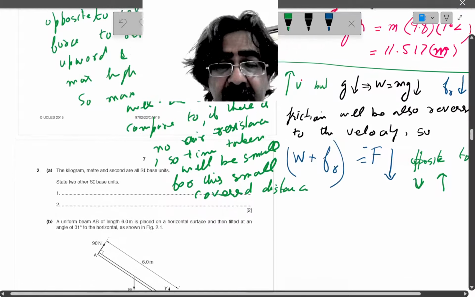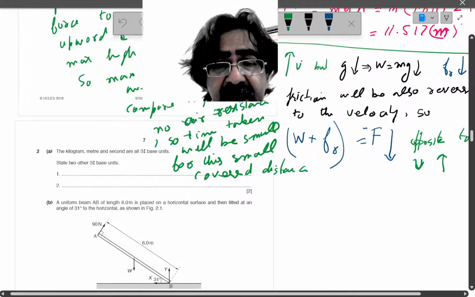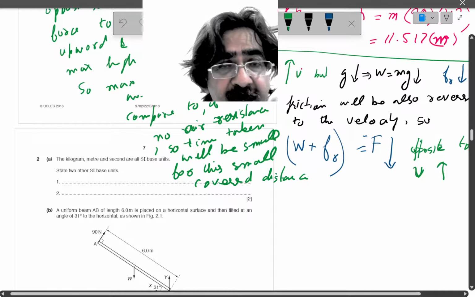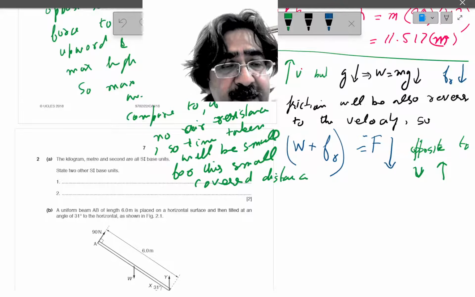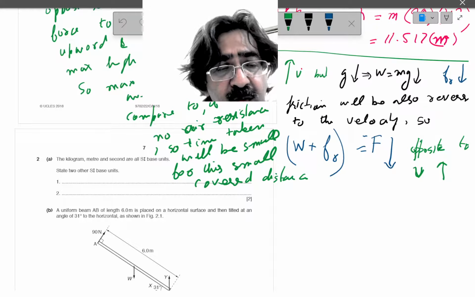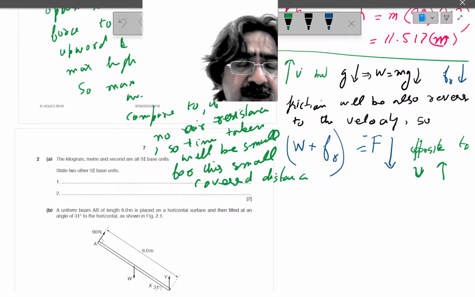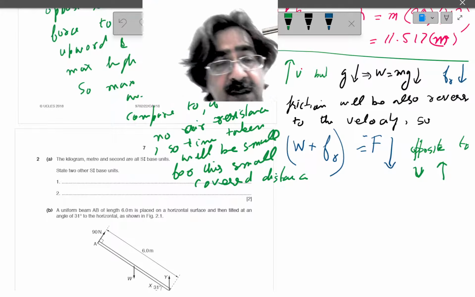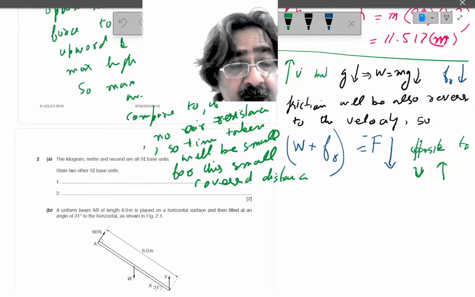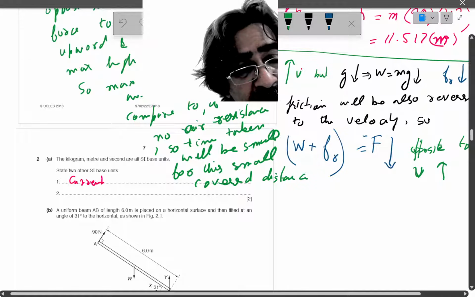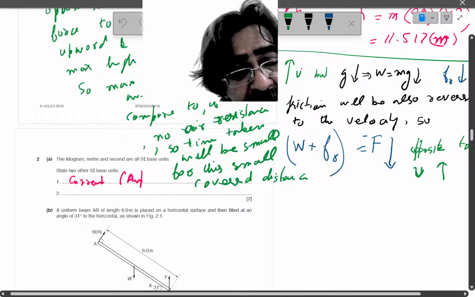Now I must move toward the next question. The kilogram, meter, and second are SI base units. This is a very simple and straightforward question. The unit of current is the ampere.